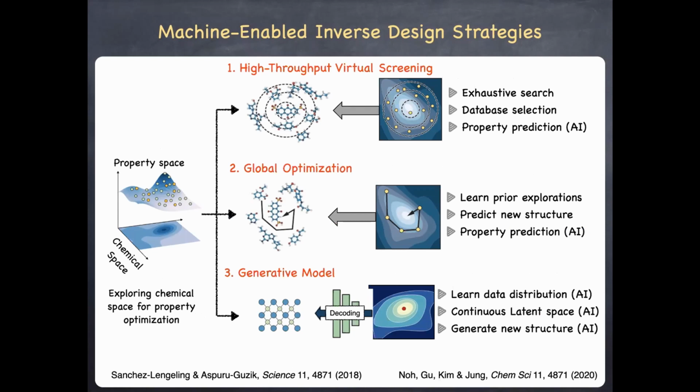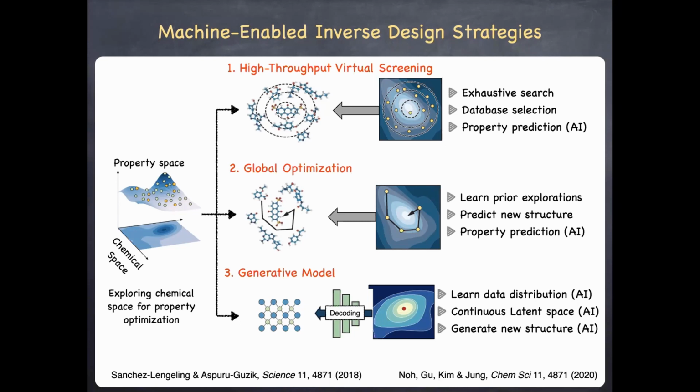The first one is most intuitive and easy to understand, namely high throughput virtual screening. So here, basically, you take the existing database, say that includes 20,000 molecules, for example, and evaluate the functionality of each molecule one by one, and to see if there is any candidate that meets your need.